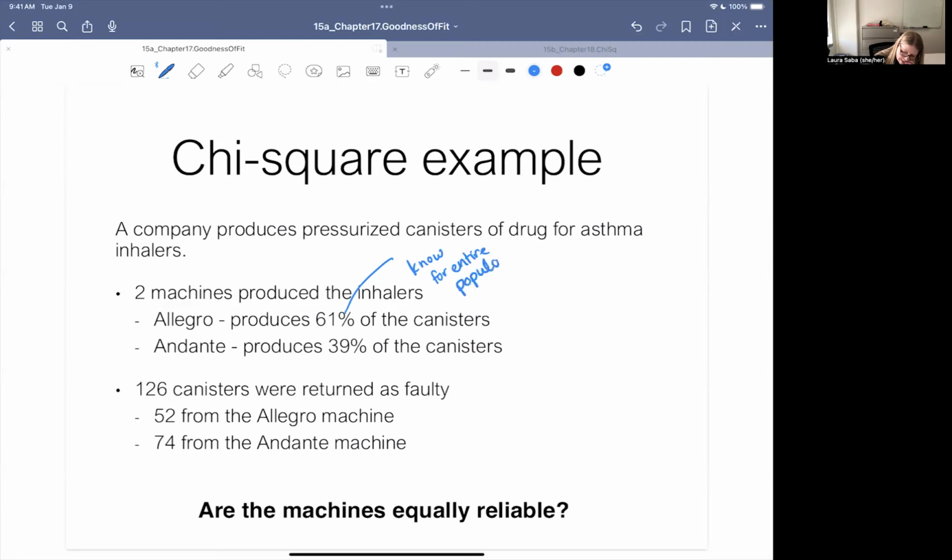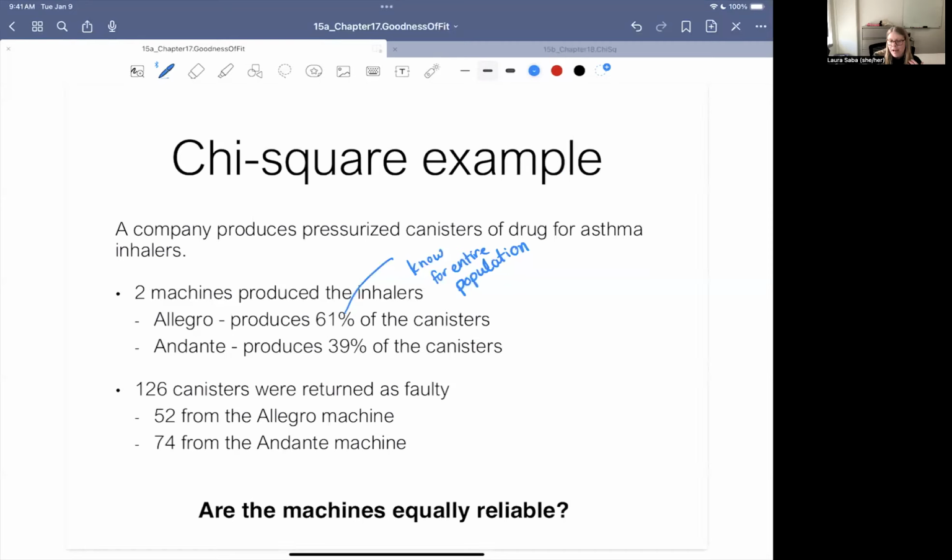These are not an estimate. We know exactly, right? What we want to do is take the canisters that we get returned as being faulty, so bad canisters, and look to see if both machines are equally as bad at producing faulty canisters.